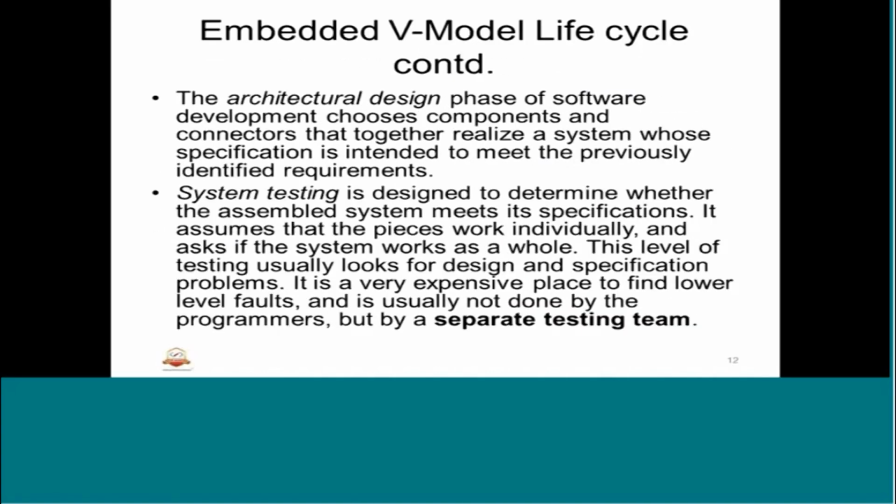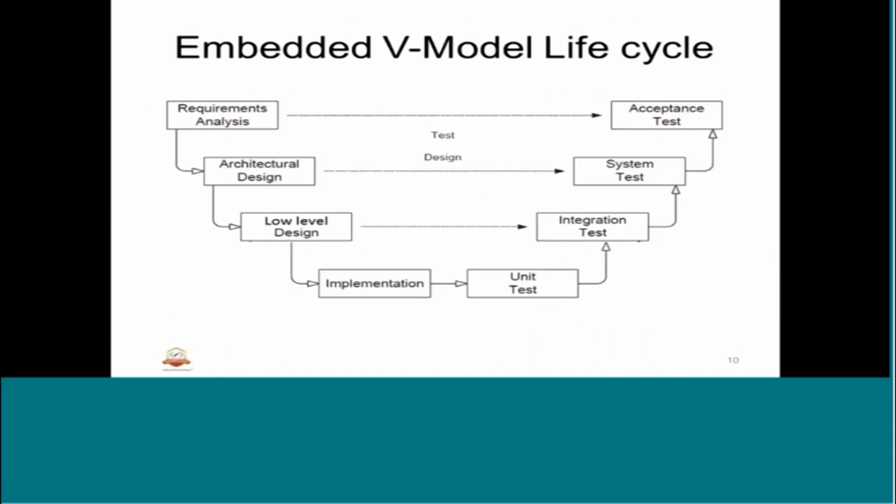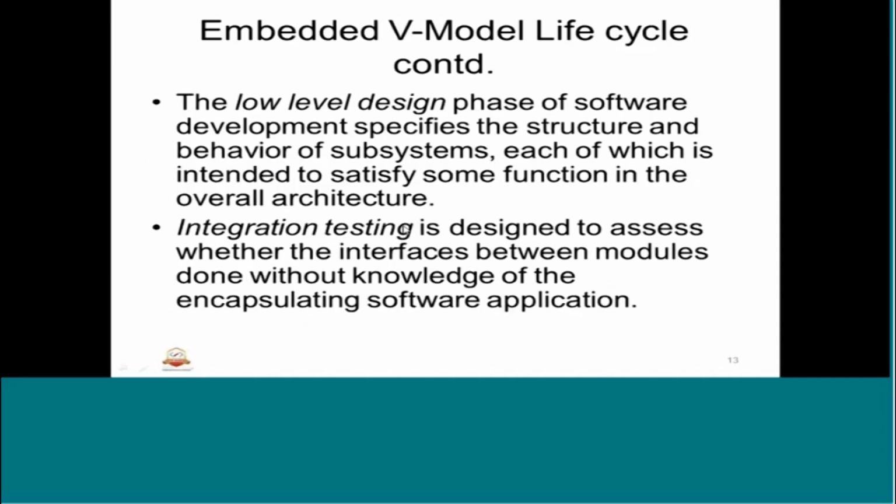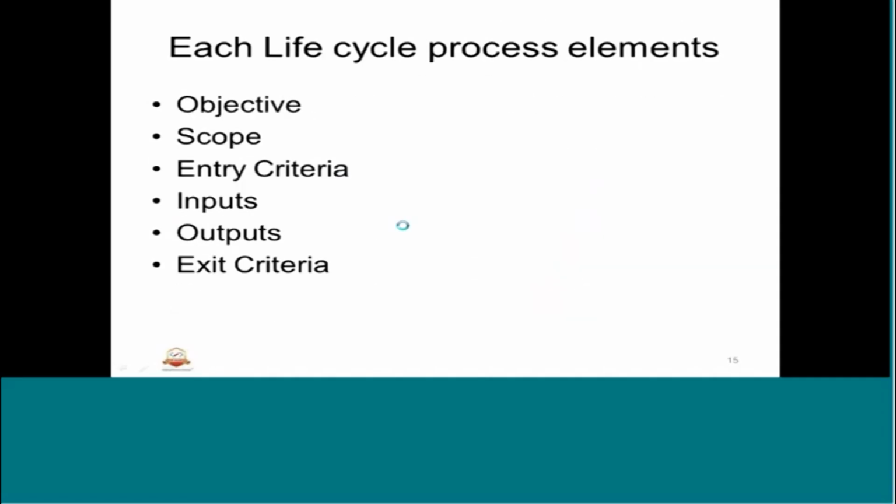Each life cycle element has its own process. The process has to have objectives, scope, entry, inputs, outputs, and exits defined for each of the processes that we follow.